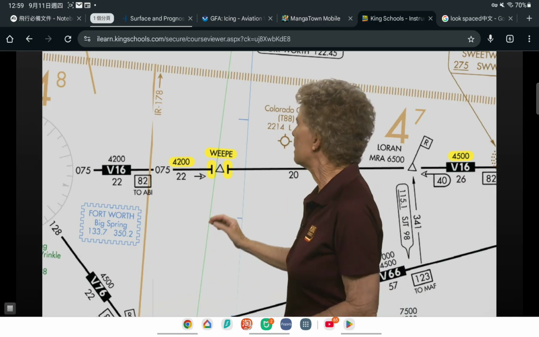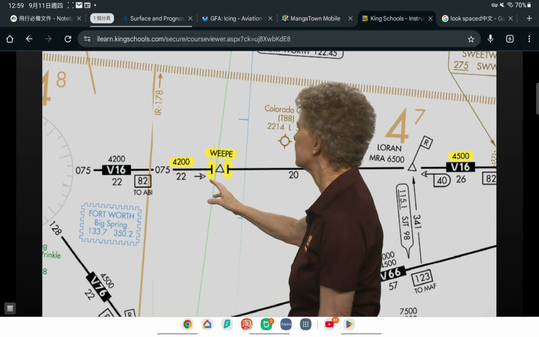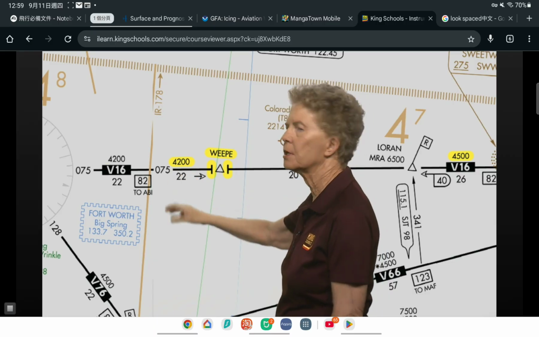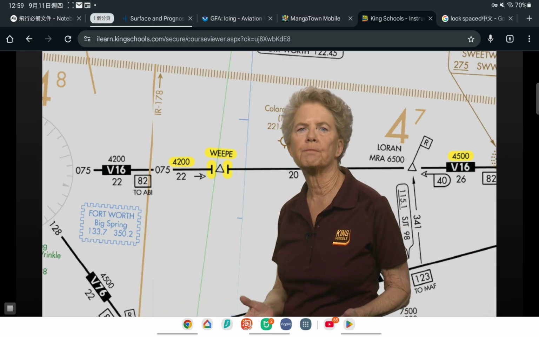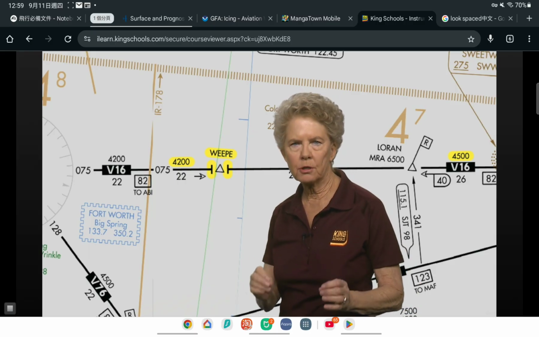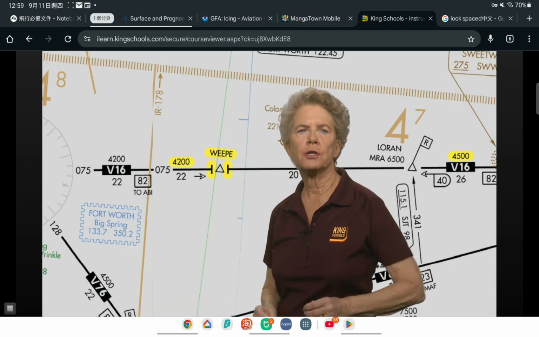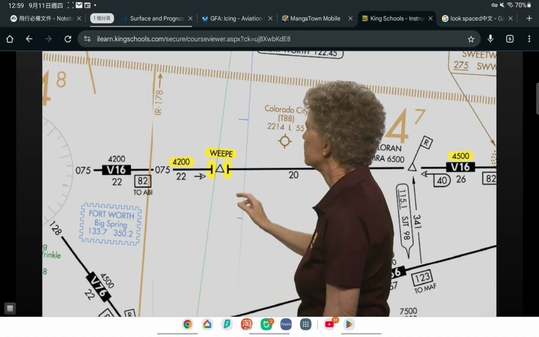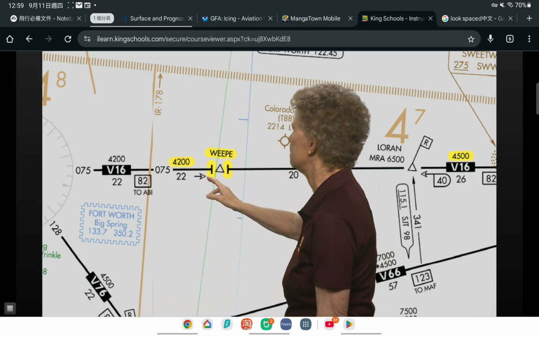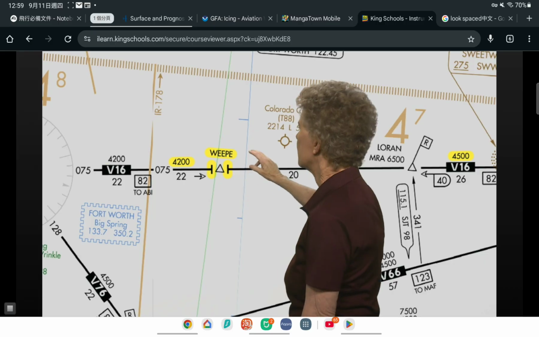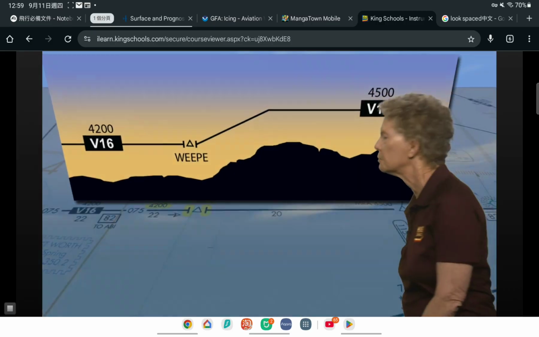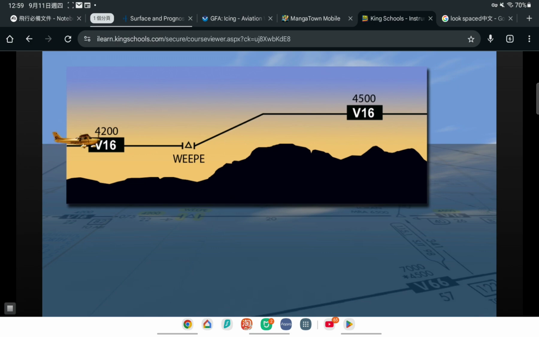At Weep, you have the two dinner plates showing that the MEA changes, and it goes up from 4,200 to 4,500 feet. There is no minimum crossing altitude at Weep, so you're level at 4,200 feet eastbound, and as soon as you pass Weep, you start your climb and climb to the new higher minimum en route altitude of 4,500 feet.